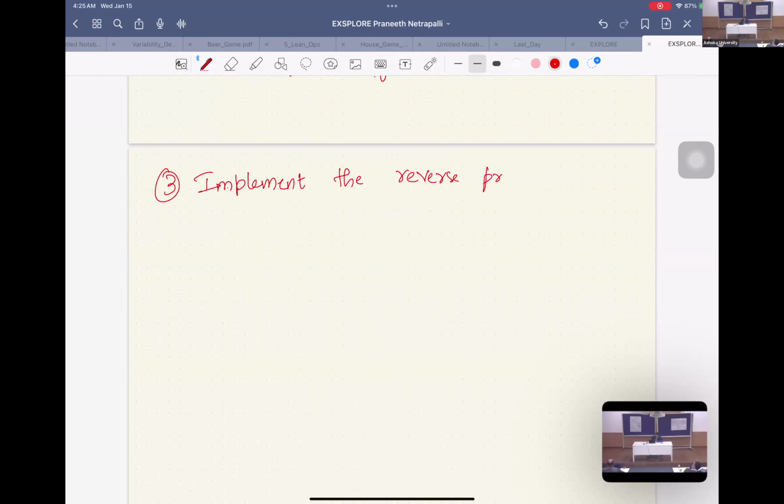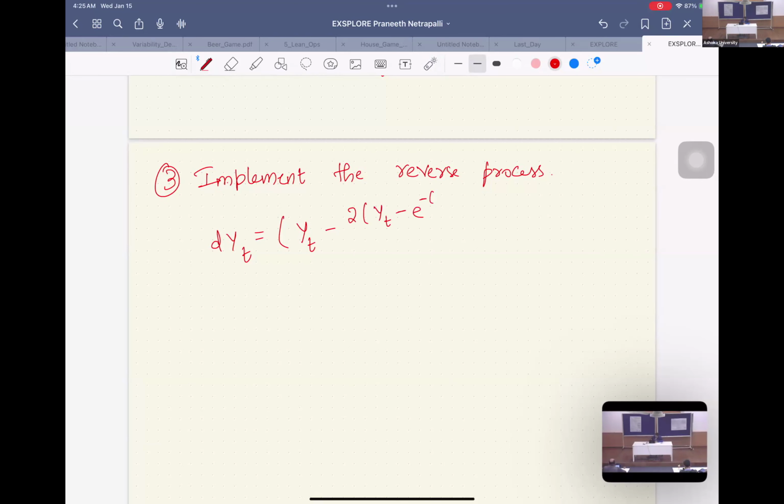What that means is that we will do dyt is equal to yt plus 2 yt minus e to the minus (capital T minus little t) h theta star of (capital T minus little t), yt, divided by 1 minus e to the minus 2(capital T minus t), dt plus square root 2 dbt.